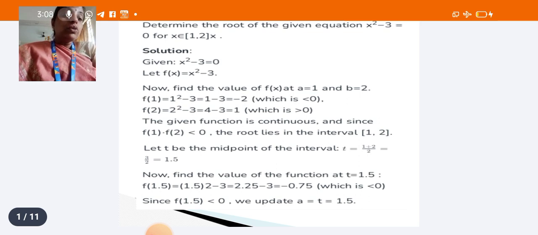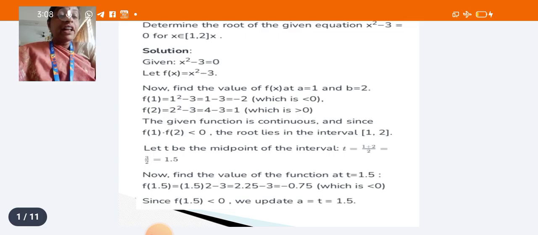Determine the root of the given equation x² − 3 = 0 for x belonging to [1, 2]. Given x² − 3 = 0, let f(x) = x² − 3.